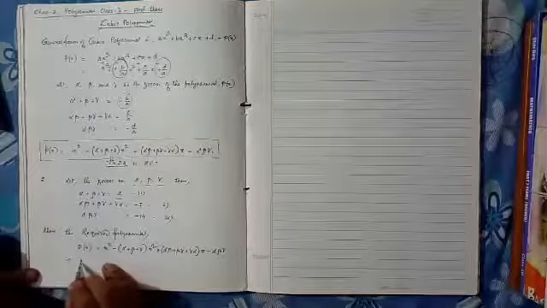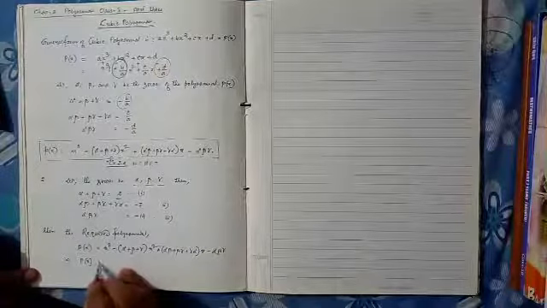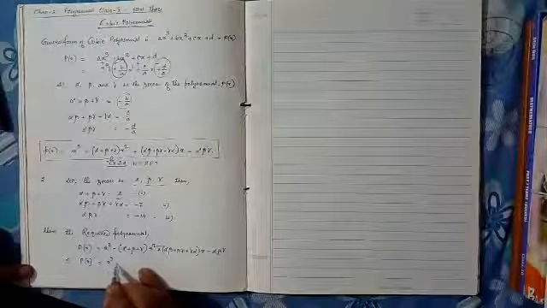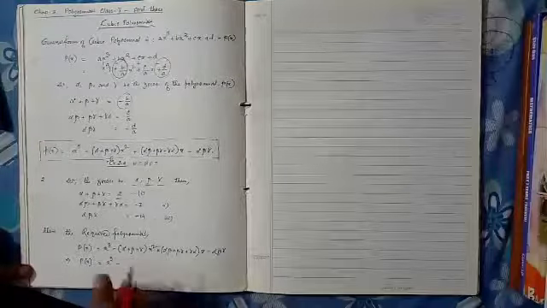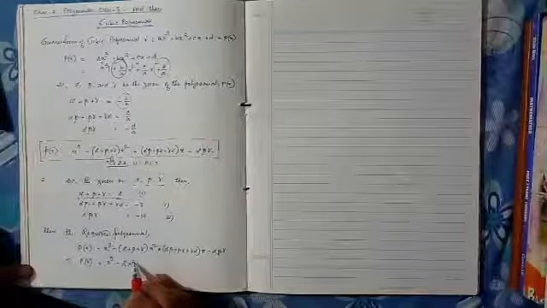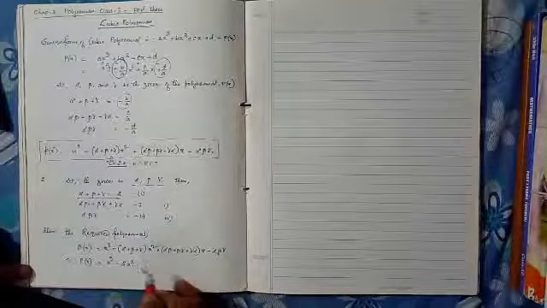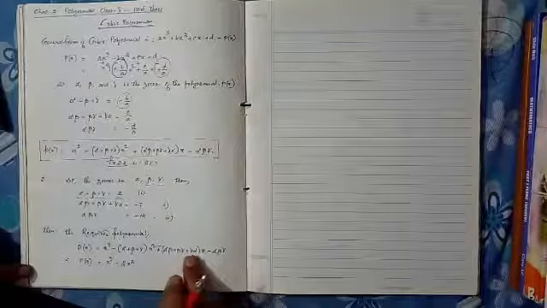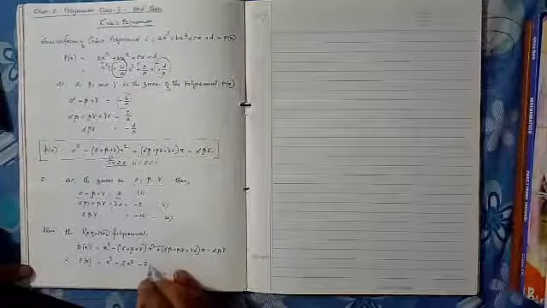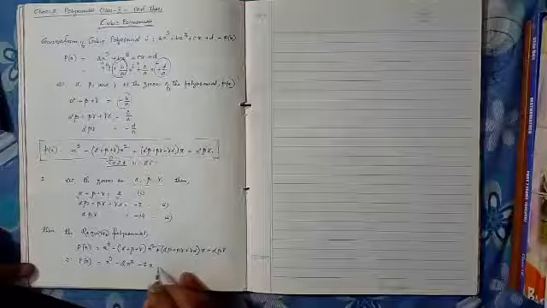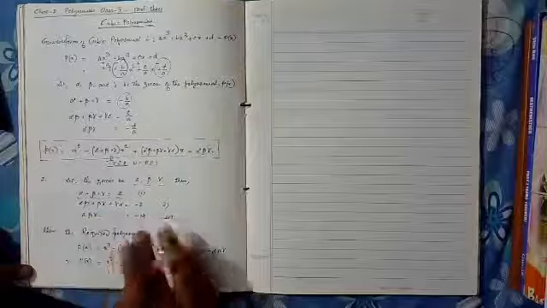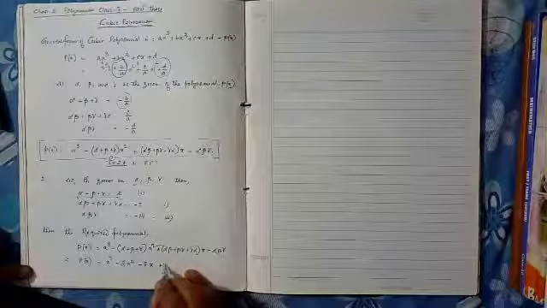This implies p of x is equal to x cube minus, alpha plus beta plus gamma is equal to 2, so 2x square, plus alpha beta plus beta gamma plus gamma alpha is equal to minus 7, so minus 7x, then minus alpha beta gamma is minus 14, so minus of minus 14 is plus 14.